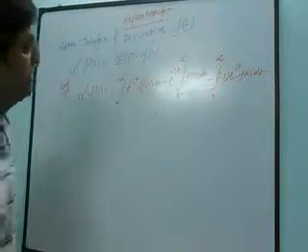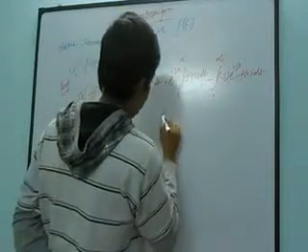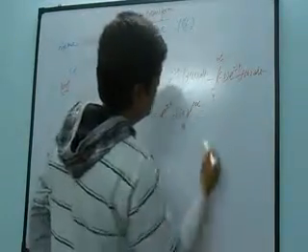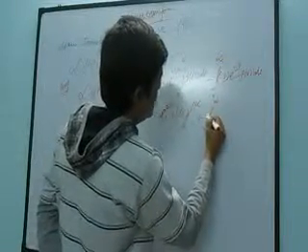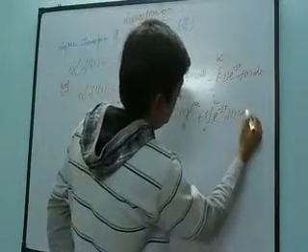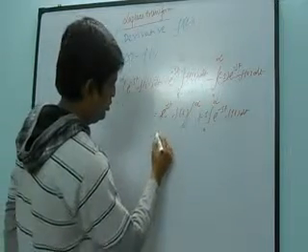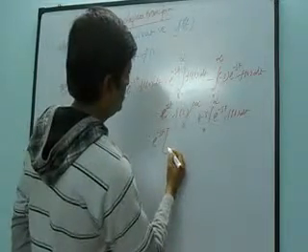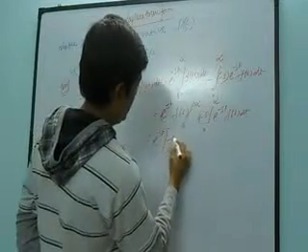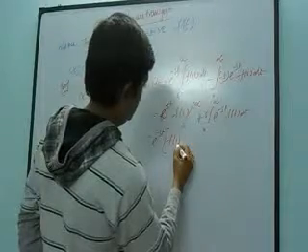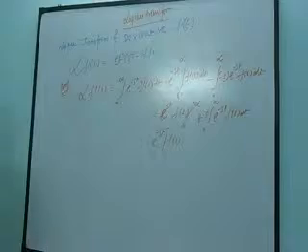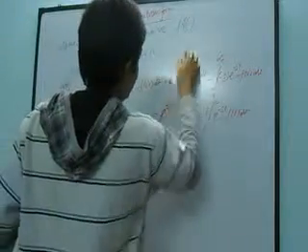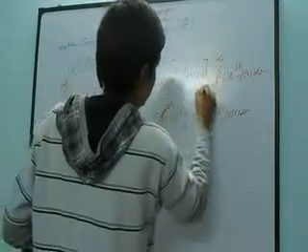So which is equal to e to the power minus st f(t) from 0 to infinity minus the integral from 0 to infinity of minus s e to the power minus st f(t) dt, which is equal to e to the power minus st f(t), this will be the total limit like this.